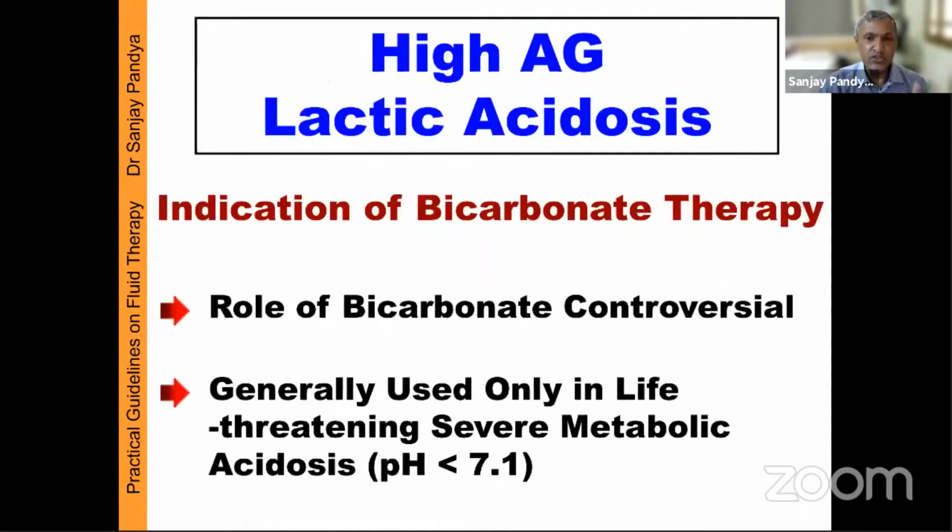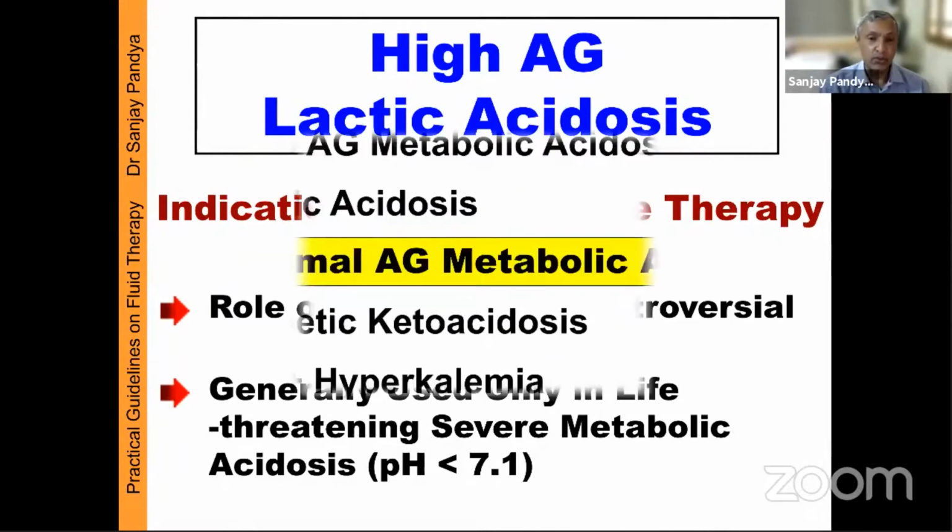See, lactic acidosis, which is common, is a high anion gap metabolic acidosis. So the use of bicarbonate is controversial, but it should be given when it is severe, life-threatening, with pH less than 7.1. Start late, discontinue early, discontinue when pH is greater than 7.2.